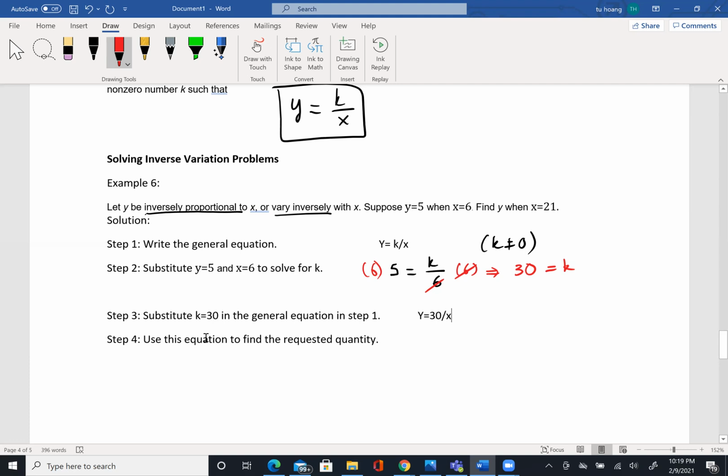Then we use the equation to find y when x equals 21. So I substitute: y equals 30 divided by 21. If I want to simplify it, I can divide top and bottom by 3, and I have 10 divided by 7.